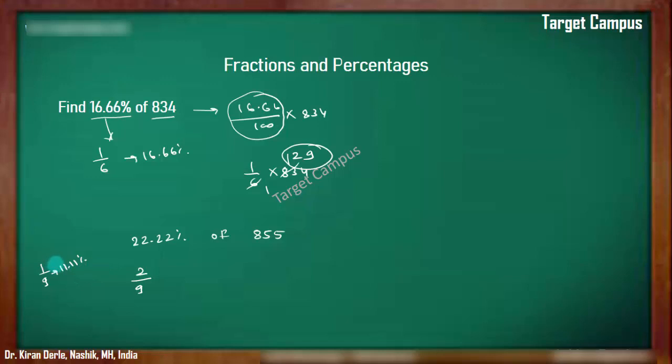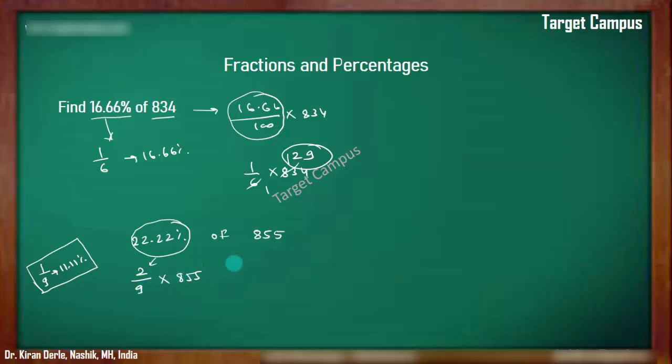In the first few initial questions, you can always check back and try to understand this thing. So 2 by 9 will be double of that, right? So this fraction is actually equal to 2 by 9. So we just have to calculate 2 by 9 part of 855, and that will be equal to 22.22%.